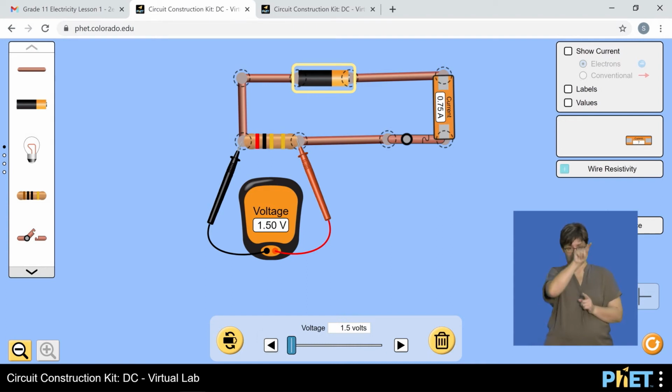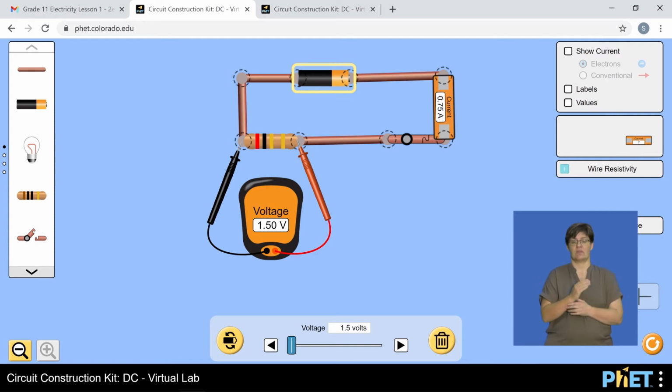This is the voltage across the resistor, and that's the corresponding current reading. That current is the total current. If we go back to our table of results, the voltage across the battery is 1.5. Across the resistor it is also 1.5, because that's the total voltage, with a current of 0.75.